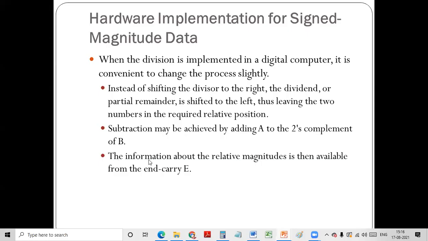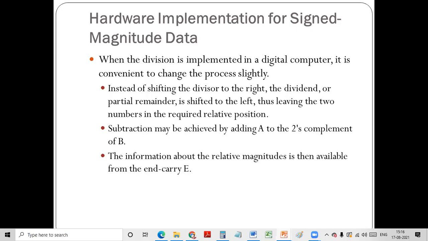The information from the end carry gives you the magnitude relation between the divisor and the dividend or partial remainder. The relation between the dividend or the partial remainder and the divisor is explained by the end carry E, because the subtraction is carried out by 2's complement addition in your computer.